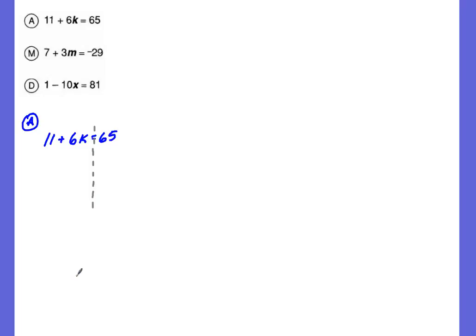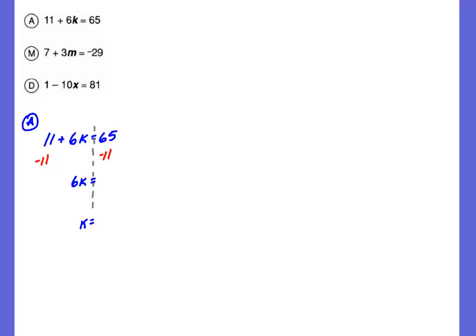We're going to put the reflection line in, and we're going to be thinking about how much is 6k. That's our first thought. Our overall thought is how much is k. But first we're thinking how much is 6k. So since this is 11 plus 6k, we need to get rid of the 11.